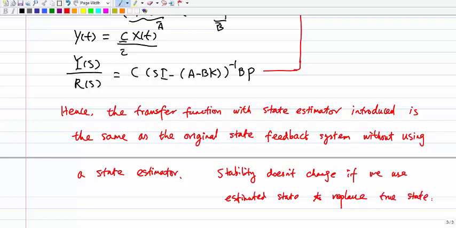In other words, we don't have to worry about the stability. And also, according to the separation principle, we don't care when we design the control gain and the state estimator gain. They can all be separated, and the stability doesn't change. That's for the linear time invariant system. That's very nice. There are a lot of properties you can use.